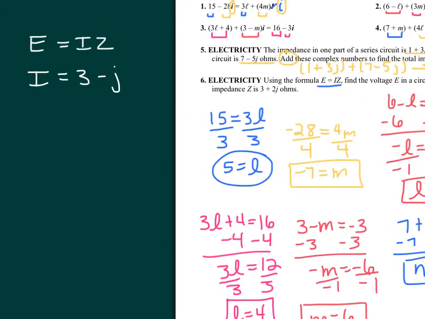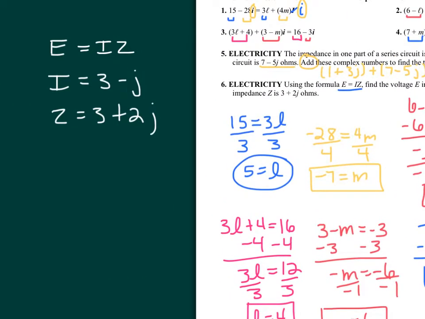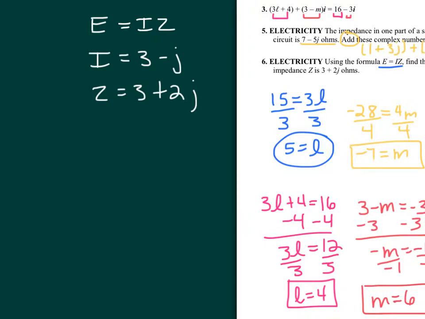So we are told that Z, the impedance, is 3 plus 2j, and we're trying to find the voltage, which is E. So to find voltage E, I take impedance Z times the current I. So I just have to take I, which is 3 minus j, times Z, which is 3 plus 2j.